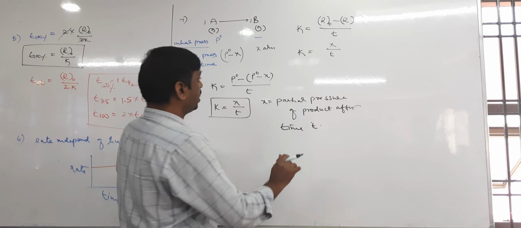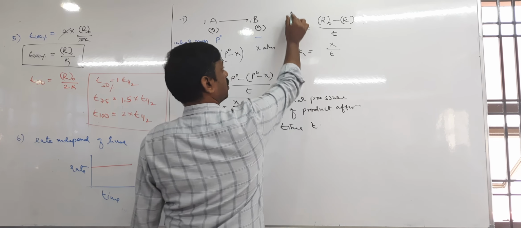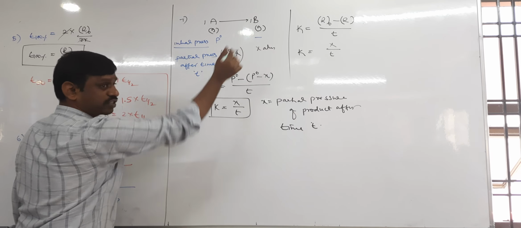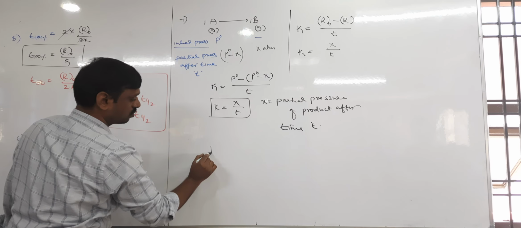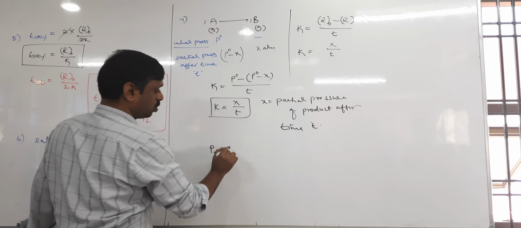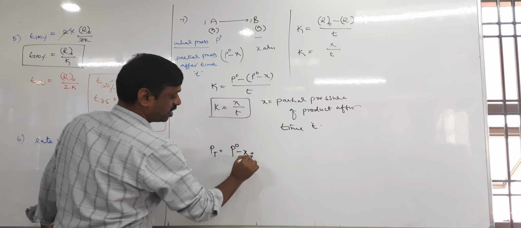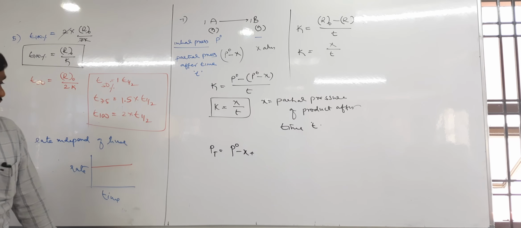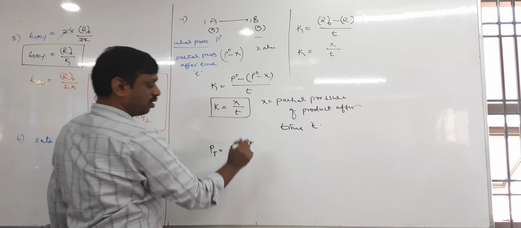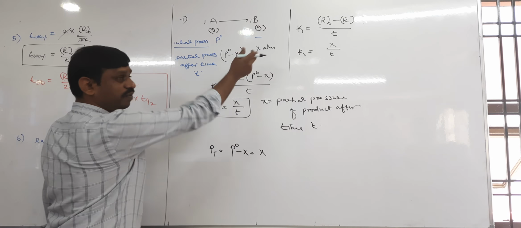Sometimes they may give the total pressure. What is the total pressure of the reaction? P total equals P naught minus x, the partial pressure of the reactant, plus x, the partial pressure of the product.